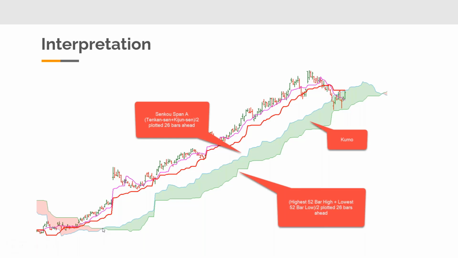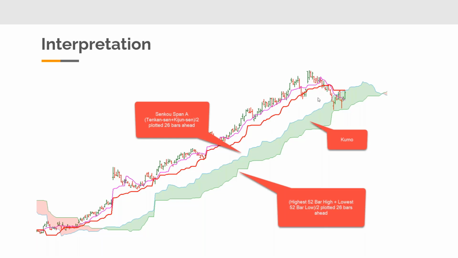Let's talk about how the Senkou span A is calculated and how the Senkou span B is calculated. This is the part of the chart that projects into the future. The reason it projects into the future is, if I wanted to calculate the Senkou span A, I'd take the Tenkan-sen, this one right here, and the Kijun-sen, add those together, divide by 2, and plot it 26 bars into the future.